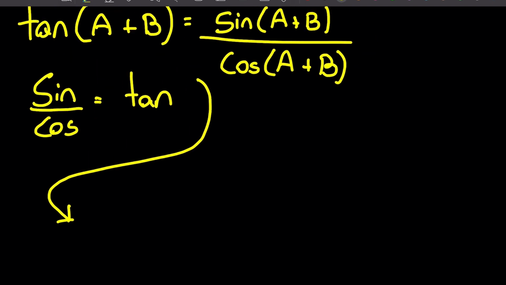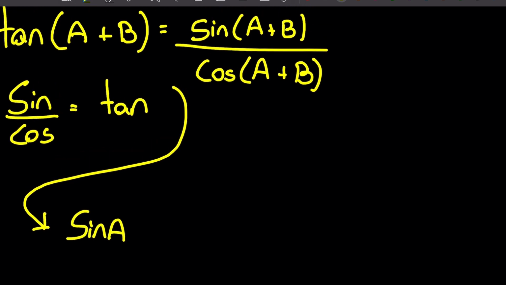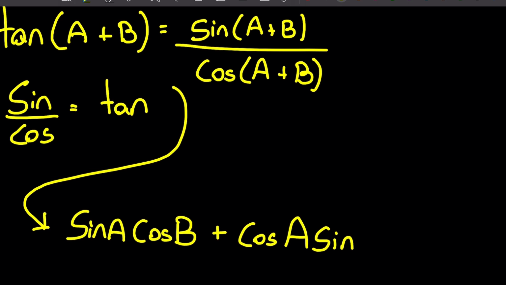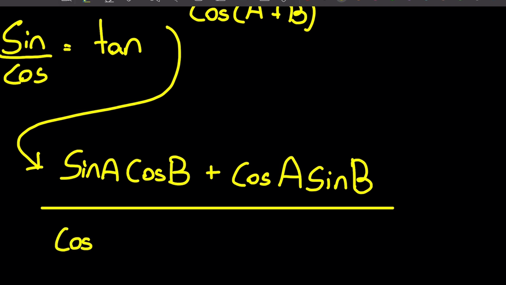Sine A plus B is just sine A cos B plus cos A sine B. And this will be over, now when we expand the brackets for cosine, cos A cos B minus sine A sine B.